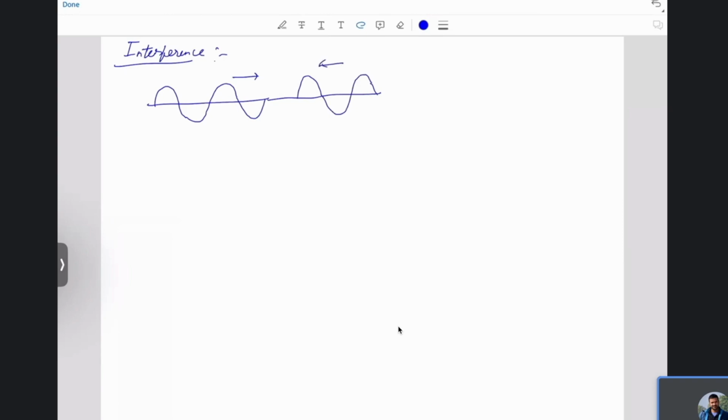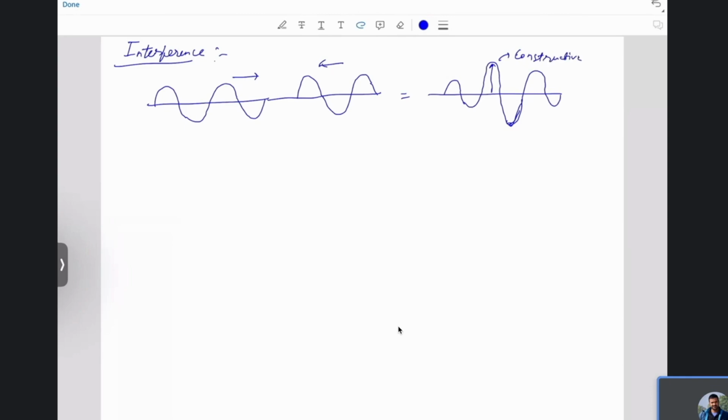Now, these two will meet at a point, and the result will be a composite wave which will be given by, suppose, like this. So you see here the magnitude of the wave increased. So this is a constructive interference.